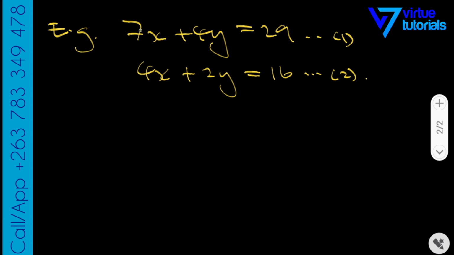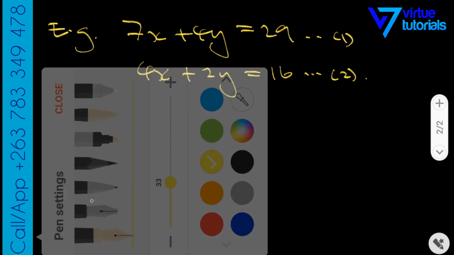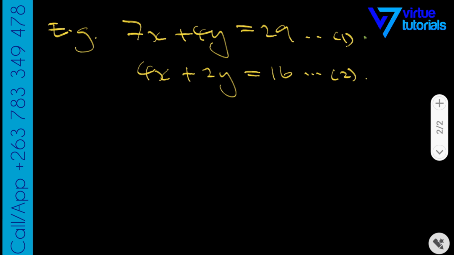So I need to turn both of these into 28. I can turn 7 into 28 by multiplying by 4, and I can turn 4 into 28 by multiplying by 7.